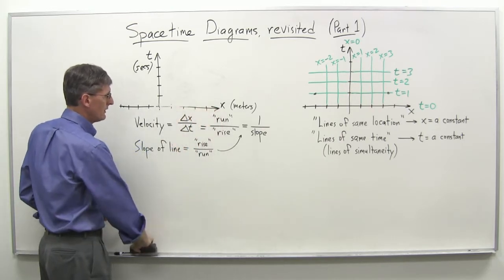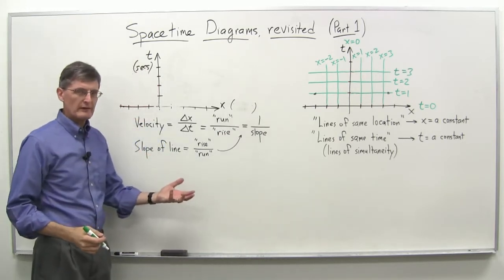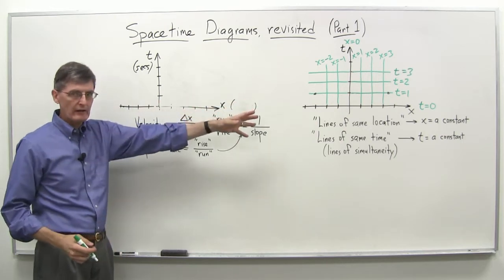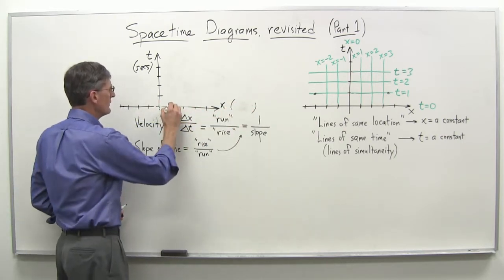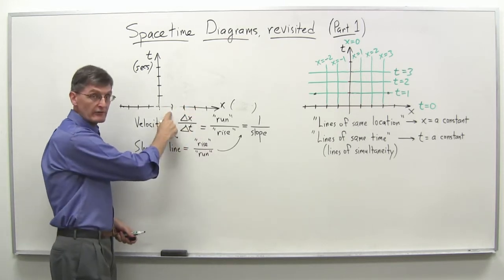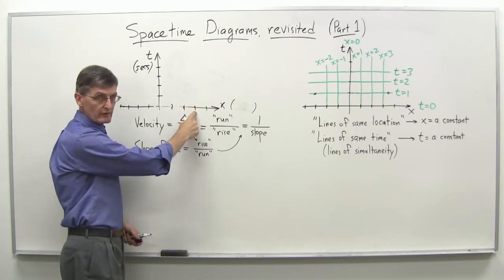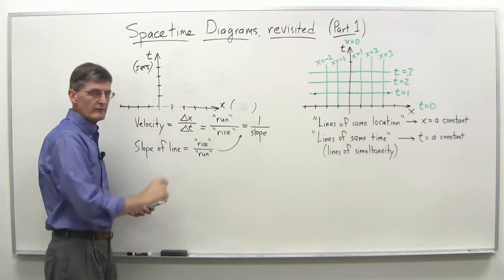Instead of meters, we could do kilometers, but then it's 300,000 kilometers per second, again way out there. So what we might do instead is say this is 100,000 kilometers, this is 200,000 kilometers, this is 300,000 kilometers. Okay, so just imagine that's there.